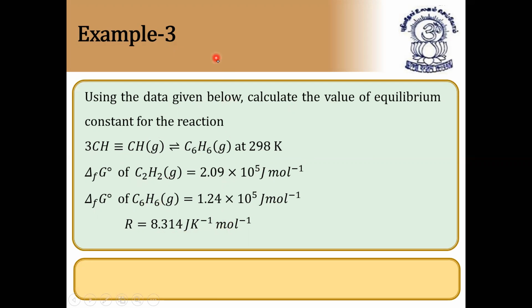So what is the relation for delta G? Delta G is equal to minus 2.303 RT log Kc. This is the equation for finding delta G. Using the delta G values, calculate the value of the equilibrium constant. First, from the given equation, we have to find delta G of the reaction.